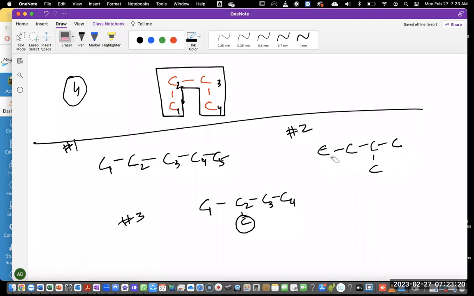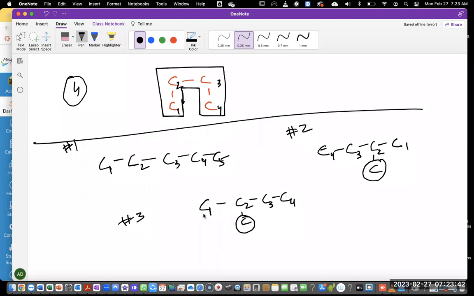Why? Because if my substituent is sitting on this side, I should start the numbering from here. Do you see in both the cases, this substituent carbon is sitting on carbon 2 and sitting on carbon 2. So molecule number 2 and 3 are actually identical. They are not isomers.